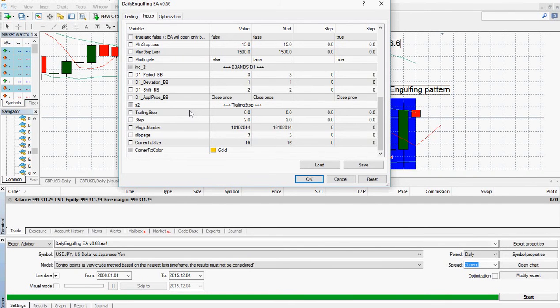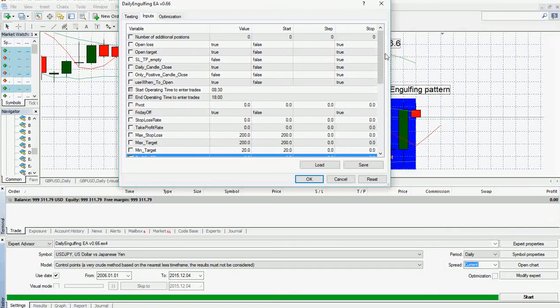So this is maybe a little complicated expert advisor for somebody, but the major thing you can realize from the input things, the most important thing, is that this expert advisor is for traders that like to control trades, to change stop loss and target.